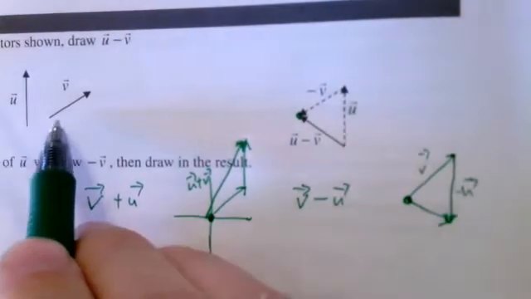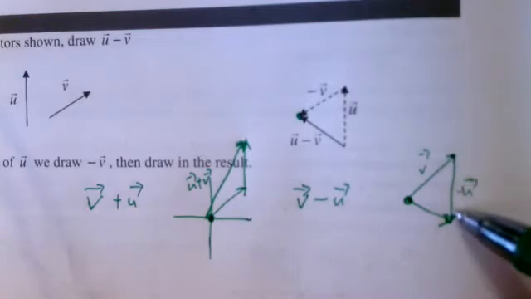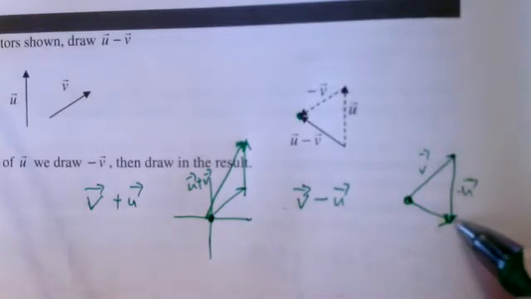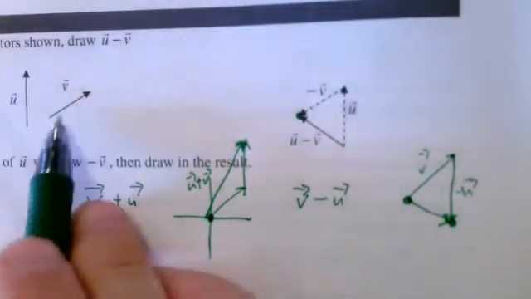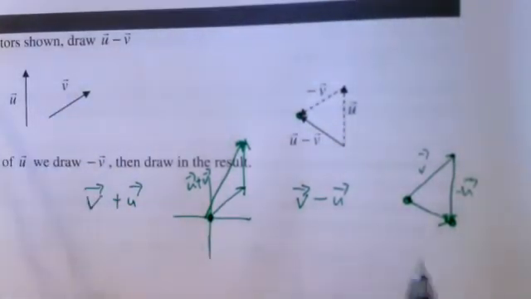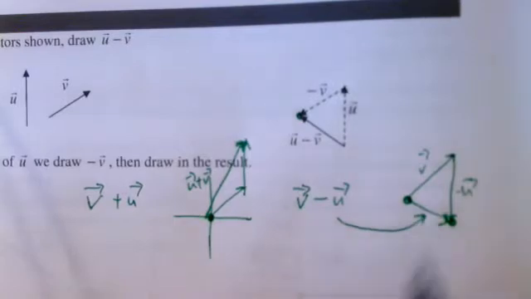That's just the same as here. And then u would go up, so negative u is going to go down. So the endpoint is going to be somewhere down here. Again, I don't know exactly what that length is. I didn't measure it out. So v minus u is going to go something like that.